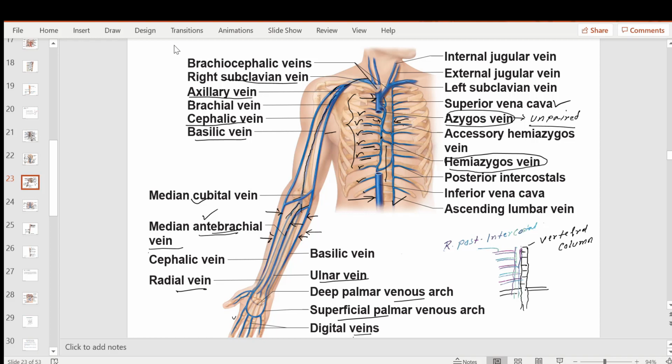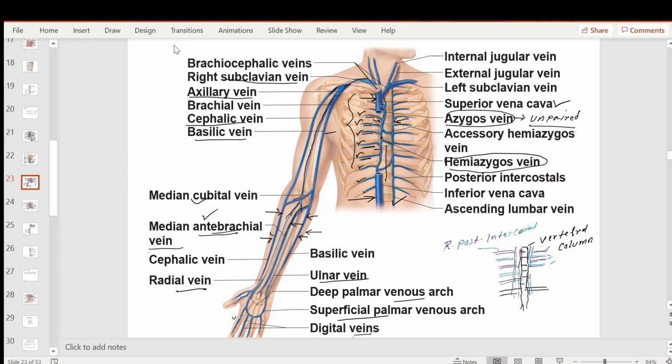And in the left side, as I told you, there are two hemiazygos. This is the second posterior intercostal, third, fourth, fifth, and not the first one, because the first one gives blood to the subclavian vein directly.